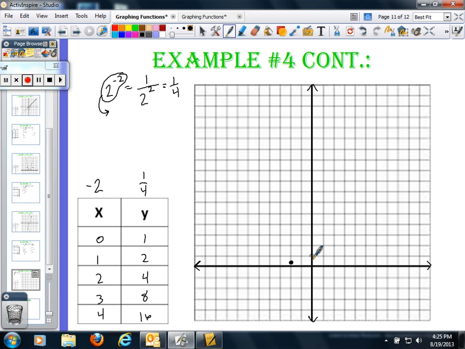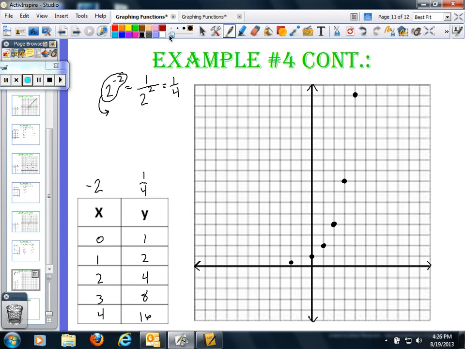We have 0 is 1. We have 1 is 2. 2 is 4. 3 is 8. That's 1, that's 4, 5, 6, 7, 8. And 4 is 16. So that's 9, 10, 11, 12, 13, 14, 15, 16.